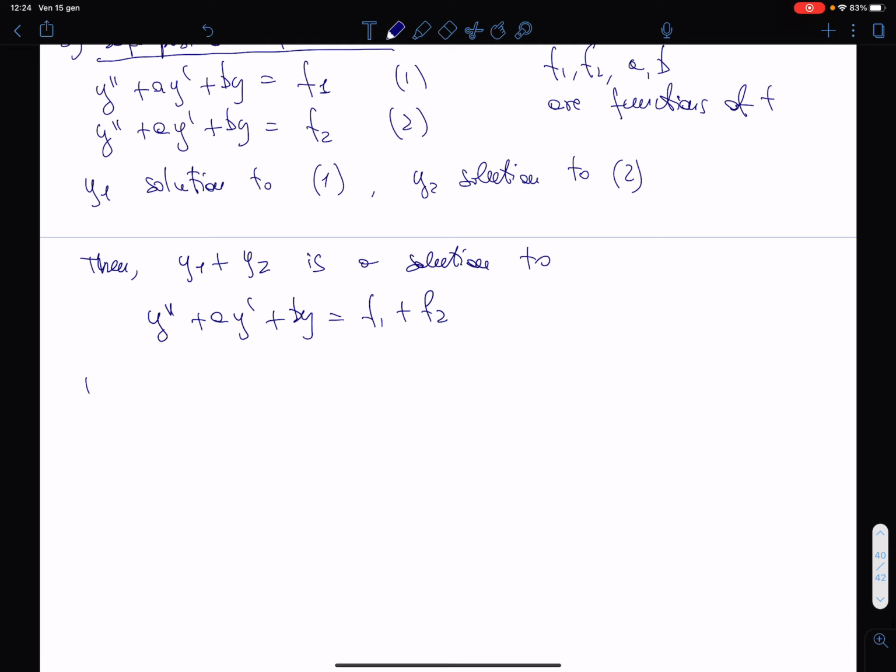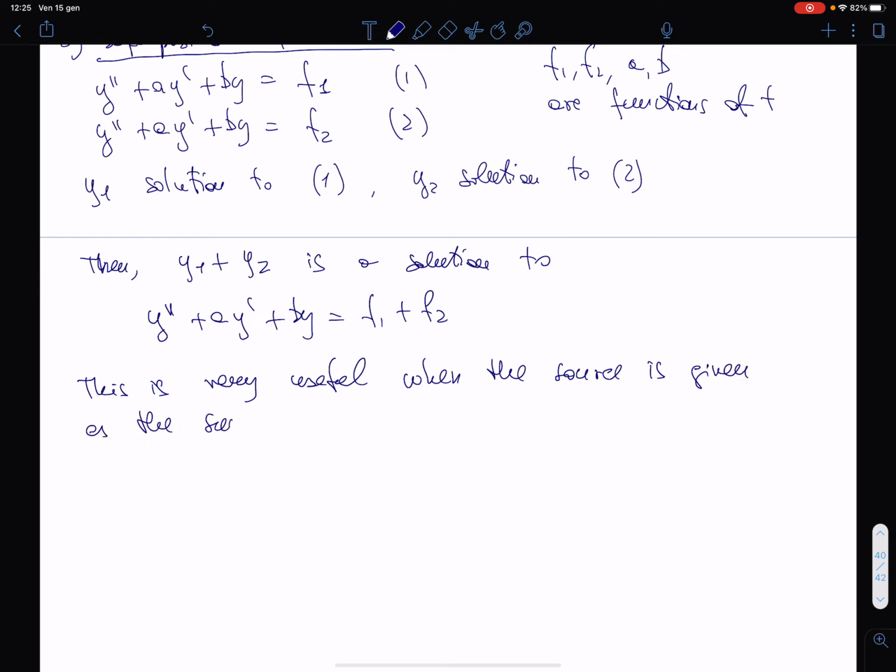This is very useful when the source is given as the sum of many terms.